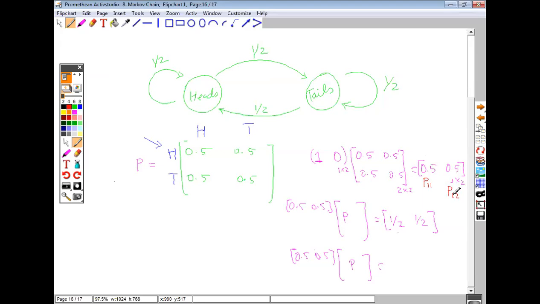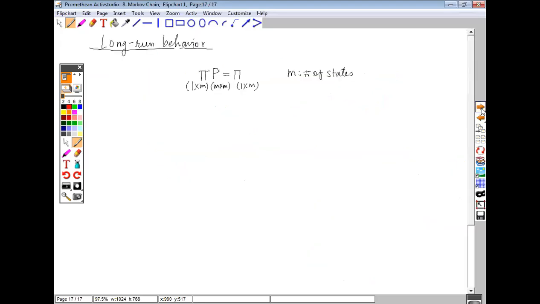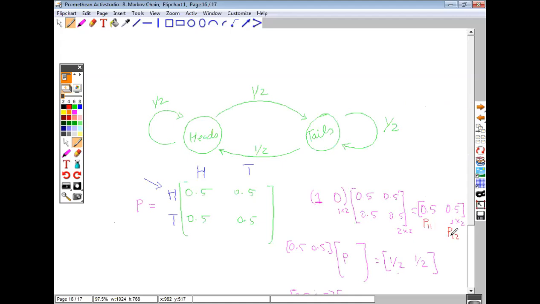So this was P11 and P12, right? In a similar way, I can define my pi here. My pi vector is nothing but pi 1, pi 2, up until pi m.